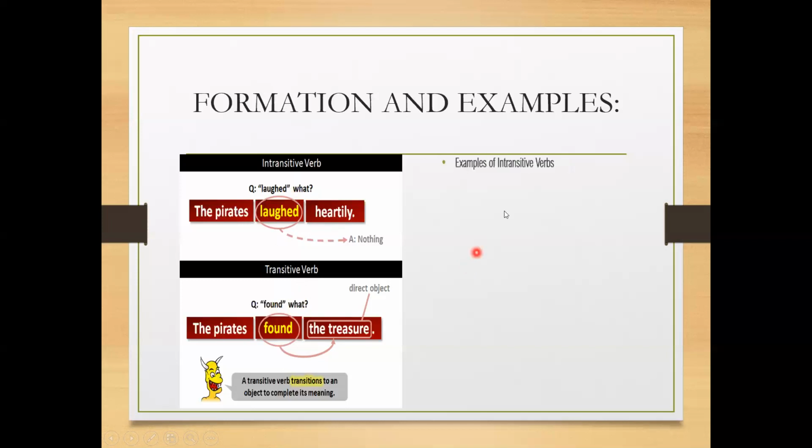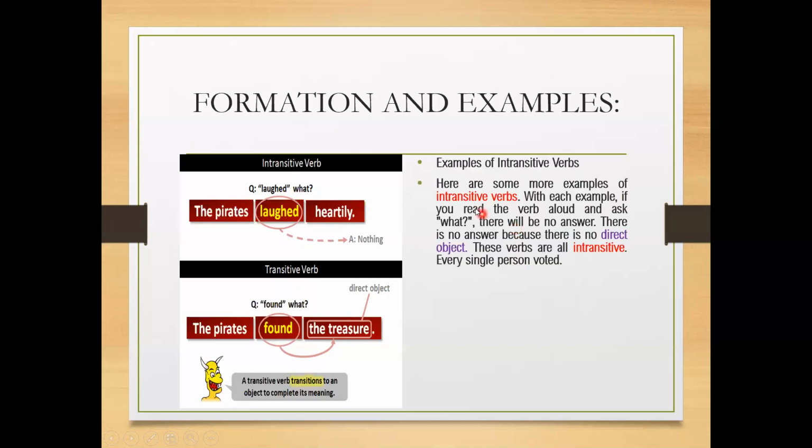Now, dear students, we have examples of intransitive verbs. Have a look over here. Here are some more examples. With each example, if you read the verb aloud and ask what, there will be no answer, because there is no direct object. These verbs are all intransitive. Every single person voted. Voted what? We are not getting our answer.